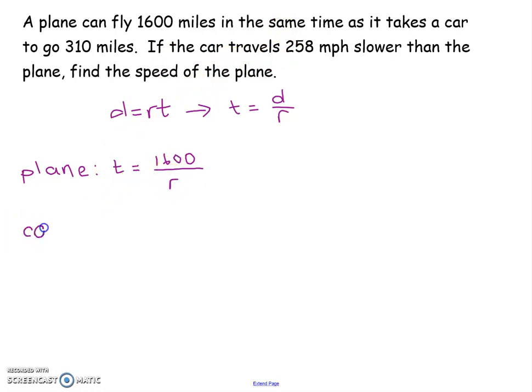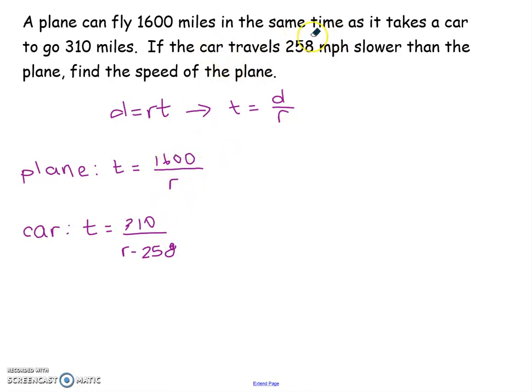Then we have the car. So the time of the car is going to equal its distance, which is 310 miles, over its rate, which is 258 miles an hour slower than the plane. So it's going to be r minus 258. So whatever the rate of the plane is, minus 258.